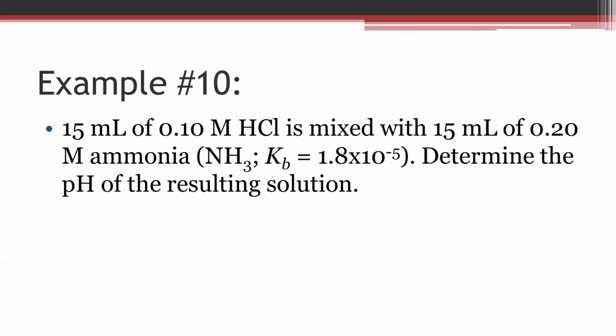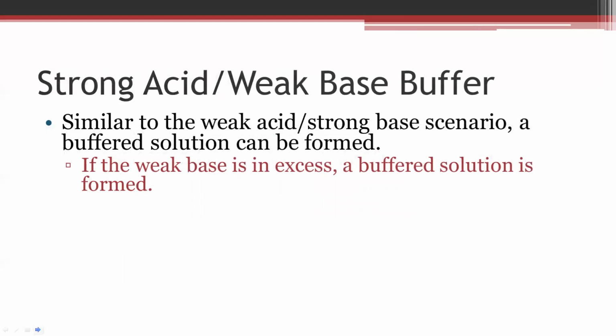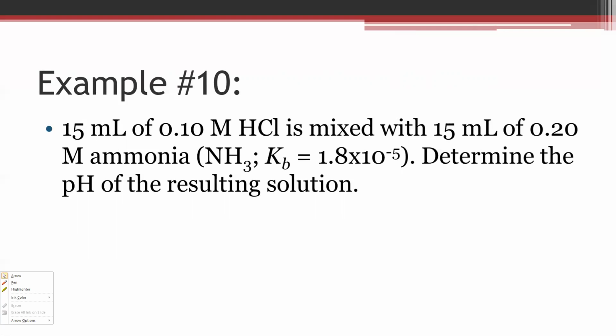So we have 15 milliliters of 0.1 molar hydrochloric acid mixed with 15 milliliters of 0.2 molar ammonia, which is NH3, Kb given. Determine the pH of the resulting solution. First thing you've got to do, let's dilute these things.